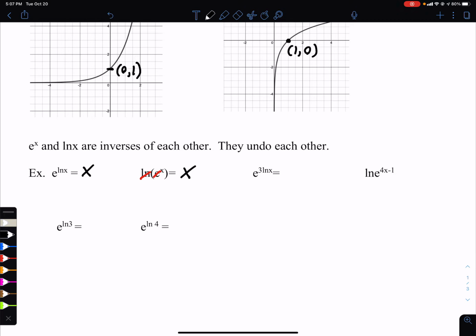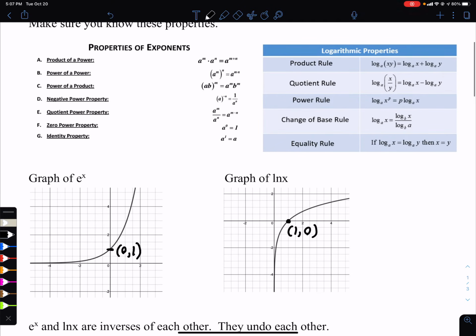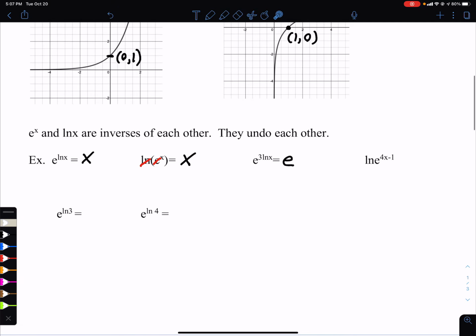Now here is a little trickier. You need to rewrite this. We have the power rule for logs, used very commonly. If you have a number in front of a log, you can make it into an exponent, p. I call this p'ing in front of the log, because if you have an exponent p, you can put it in front of the log. So that's one of the rules, and we're going to be using that here.